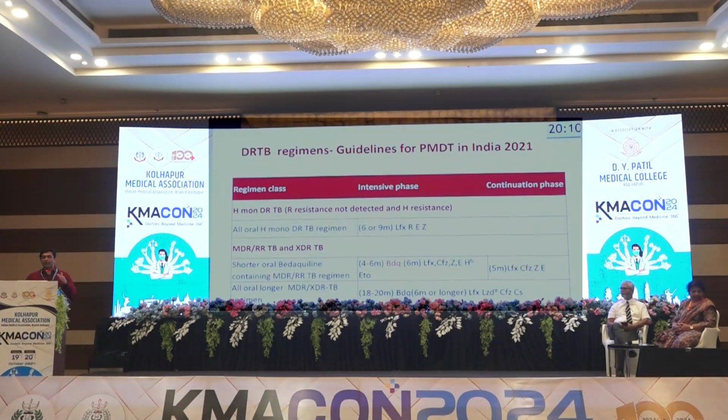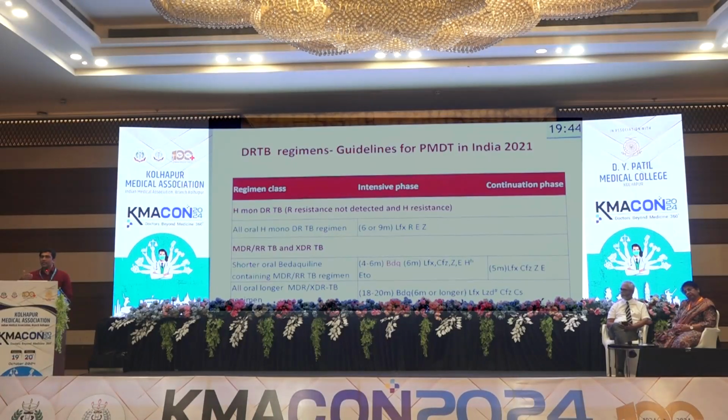To start this treatment, we need to see what kind of resistance pattern is there, whether rifampicin resistance is there or not, or isoniazid resistance is there or not, depending upon the first line LPA reports. Up to the district level, the modality offered right now is NAT.